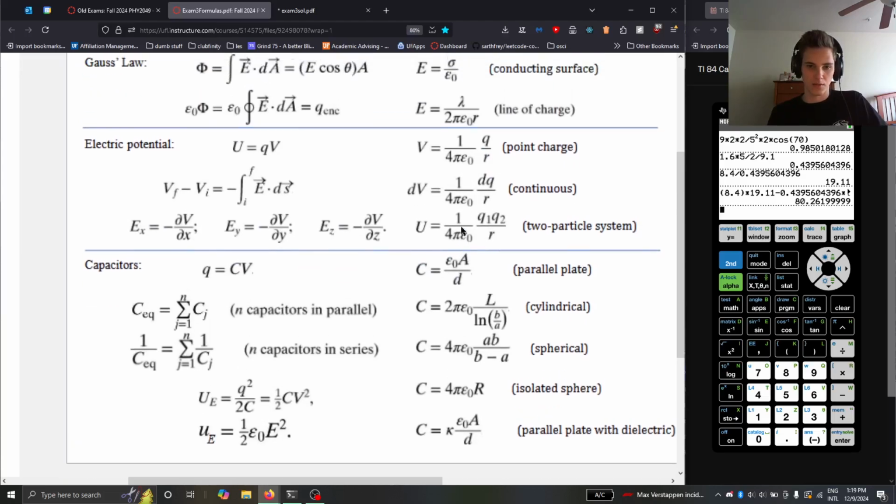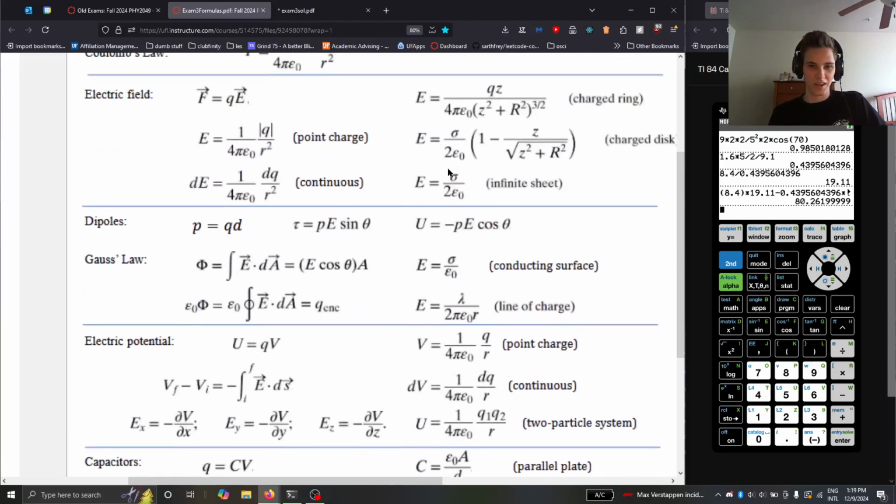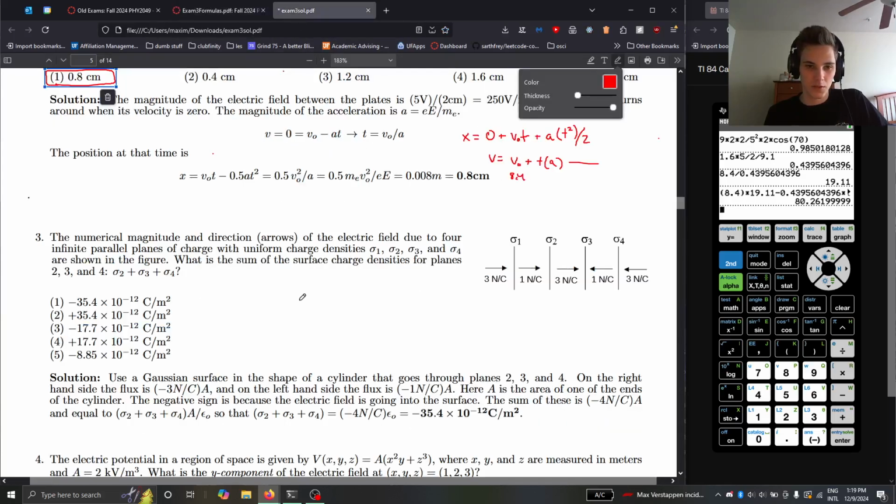Am I blind? Oh, here. Electric field is equal to density over 2 epsilon naught. The idea is that we're given the electric field, so we can solve for the surface charge density.